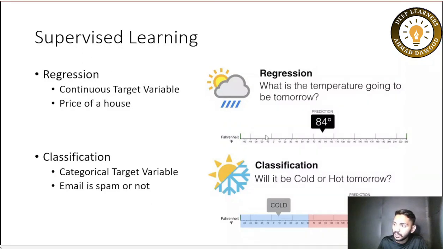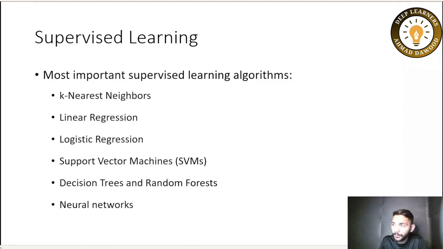Like in this example of regression: what is the temperature going to be tomorrow? The temperature will be a continuous value. But if you ask whether it will be cold or hot tomorrow, it is categorical. If tomorrow will be hot, maybe it equals one, and if it is cold, then maybe it equals zero. So that is the distinction between one and zero in the case of classification.